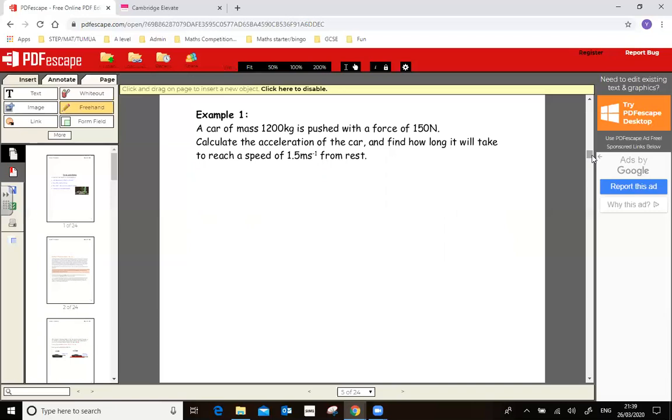Calculate the acceleration of the car and find how long it will take to reach a speed of 1.5 meters per second from rest. Let's do the first part, to find the acceleration of the car. From Newton's second law, we know that F equals ma. Let's write the formula down first.